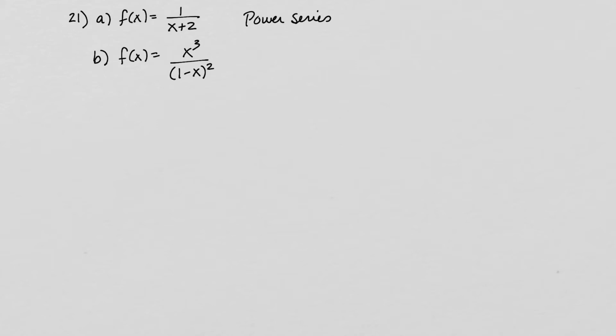Some of those series that we wrote were things like this: 1 over 1 plus x is equal to the summation n equals 0 to infinity of negative 1 to the n x to the n.